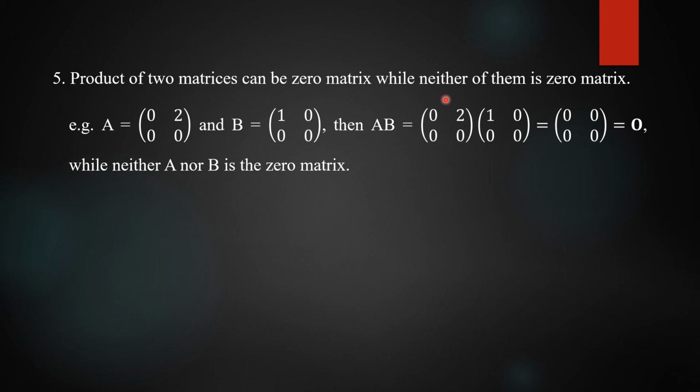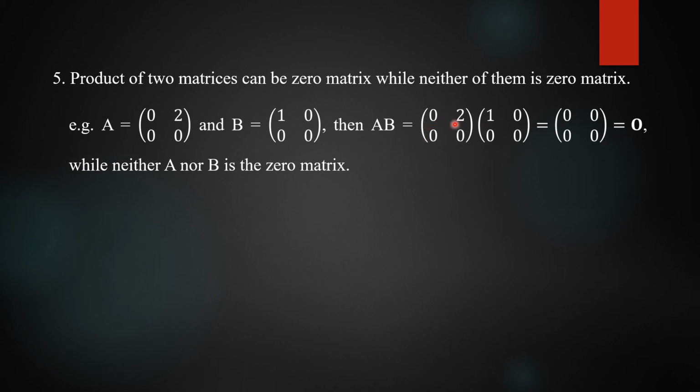But in matrices, if you have two non-zero matrices, the product may be equal to 0. Here A is a non-zero matrix because the element 2 is non-zero. Similarly, B is also non-zero because 1 is non-zero. So A and B are both individually non-zero matrices, but the product AB is equal to the zero matrix.